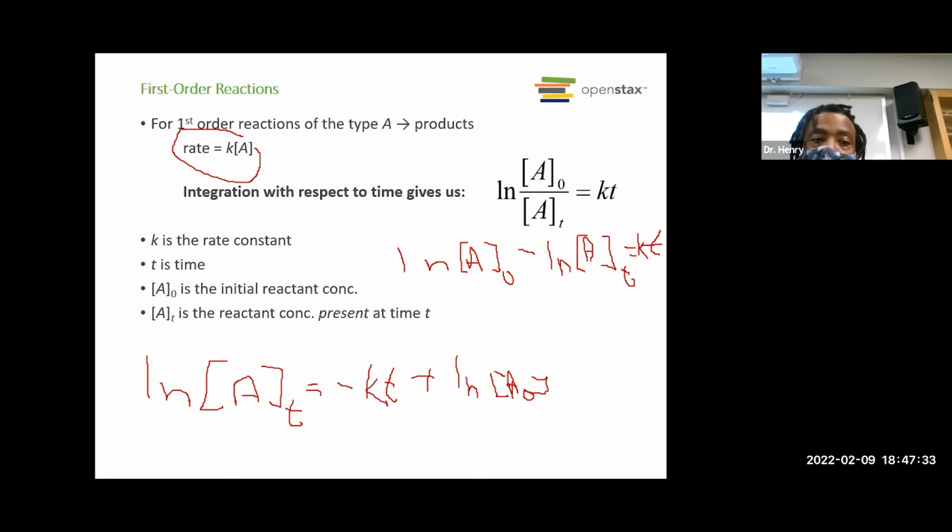No? That's right. So if we use y as a substitution for this, where k represents the slope, mx, and then ln A naught. This is just the equation for a line, right? That's the beauty about a first order equation: it's like the equation for a line. The only thing now is you're using ln A. You just got to remember that it's ln A, not y.